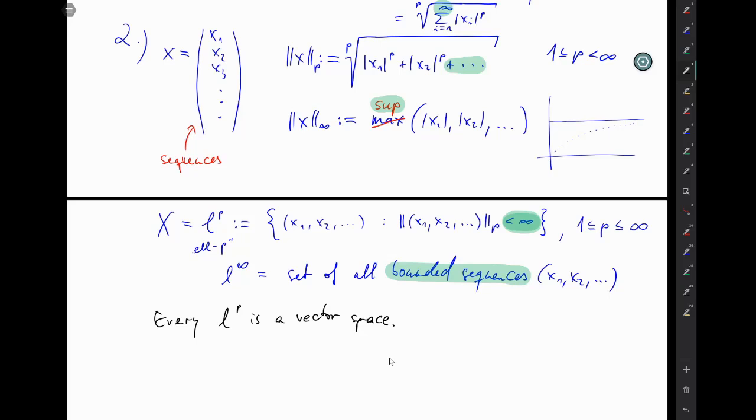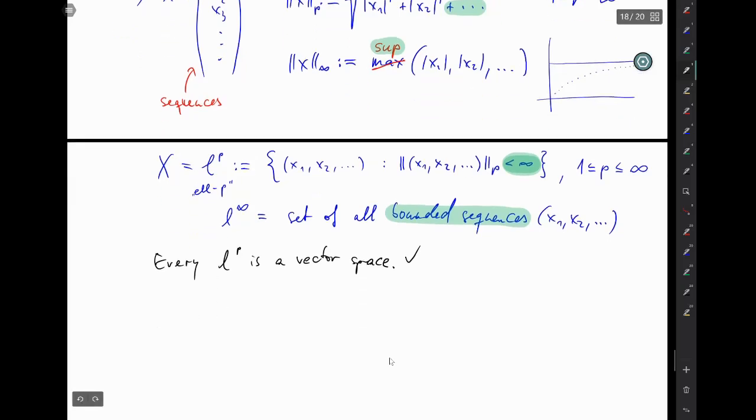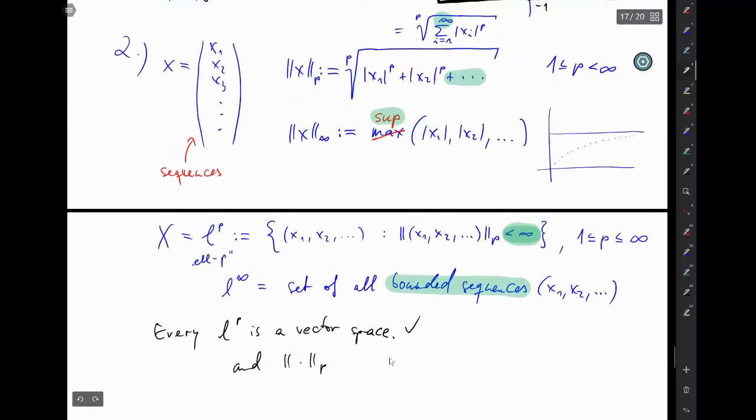It's not so difficult for L infinity that the sum of two bounded sequences is still a bounded sequence. I think we can all agree with that, but not so clear anymore for p less than infinity. Still, it's true. And the norm that we have been introducing here indeed turns out to be a norm.